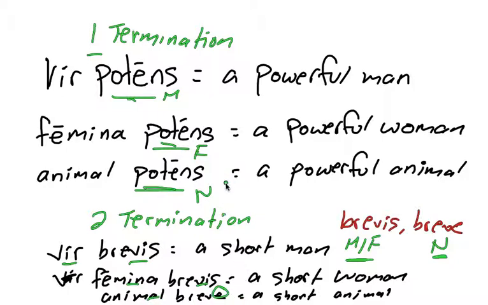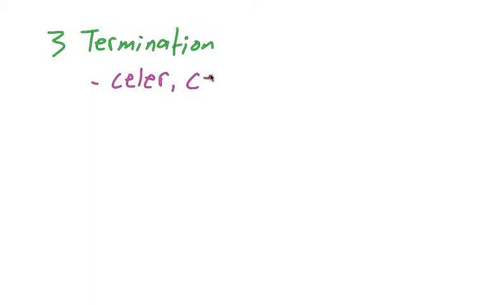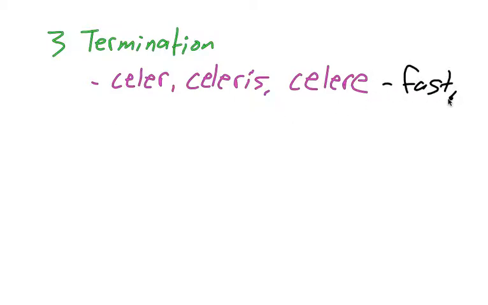Okay, now we'll do an example with three termination. Our three termination example in the chapter was celer. So celer, celeris, and celere. And celer means fast, or swift, or quick.